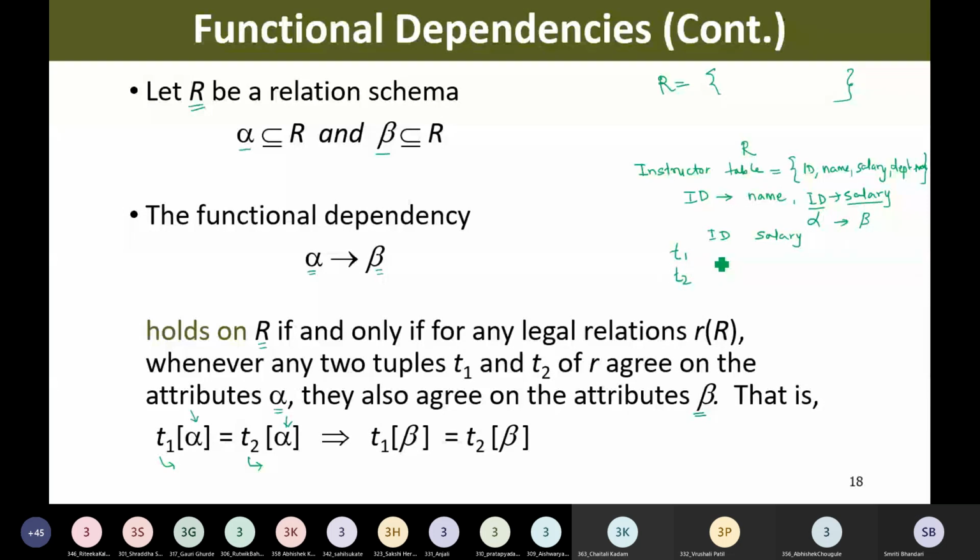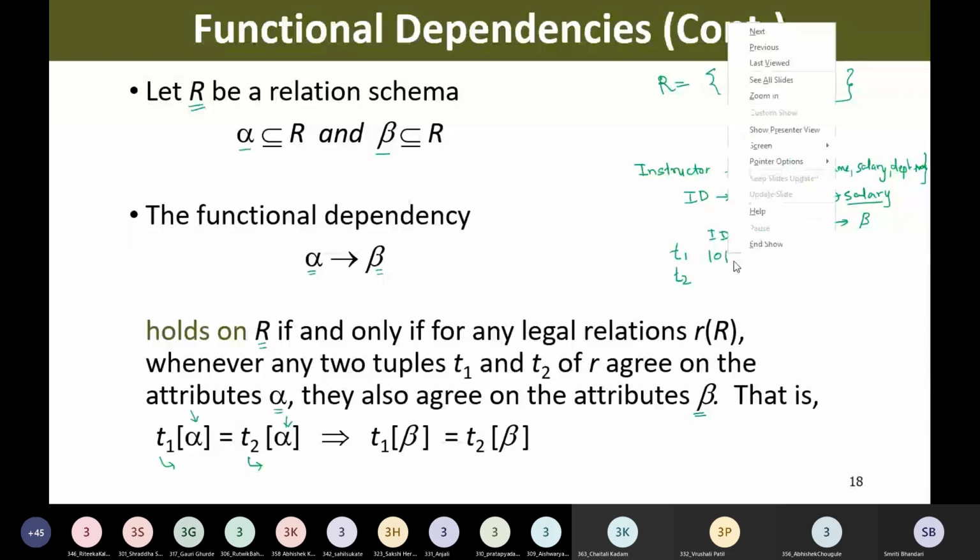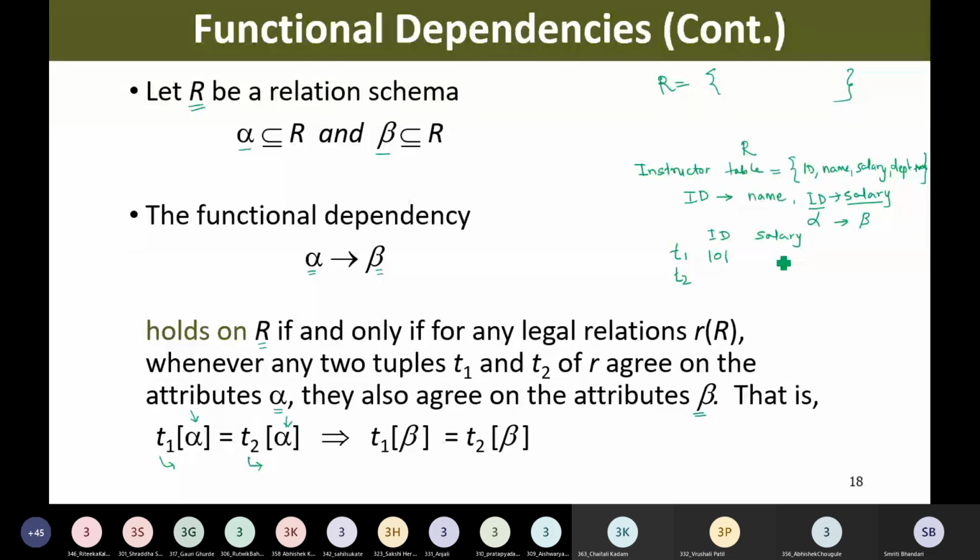So if the ID value of tuple T1 is say 101, and for this ID 101, say salary is 50,000, this is my tuple T1 and this is my tuple T2.